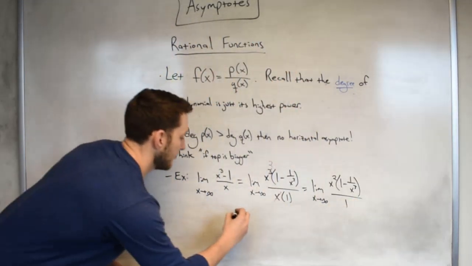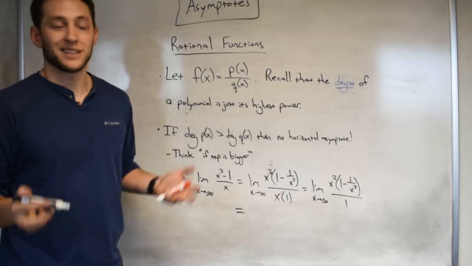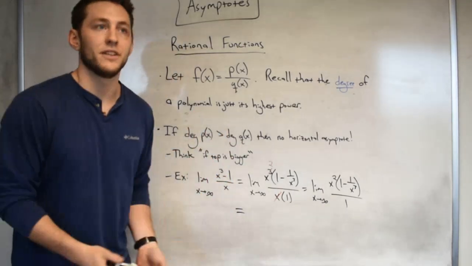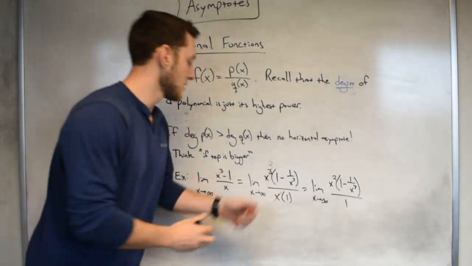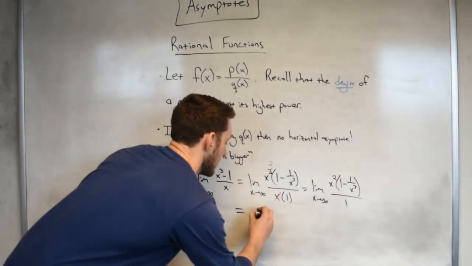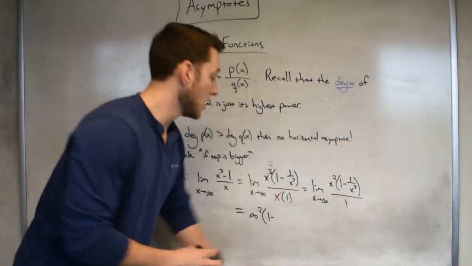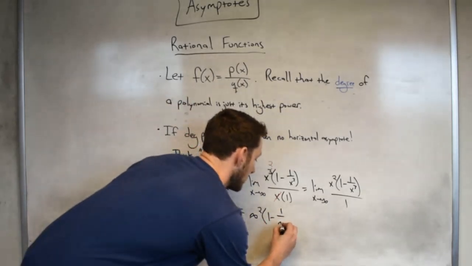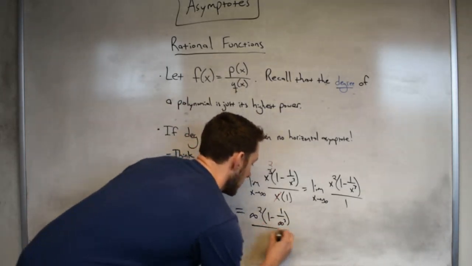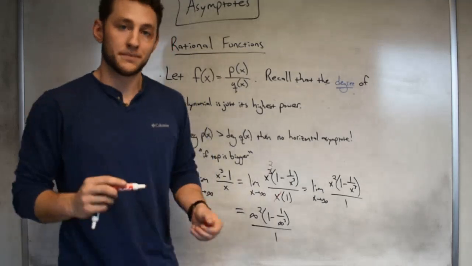Now if I plugged in infinity to this, it's weird to try to talk about plugging in infinity, but if you conceptualize what happens, we would get something along the lines of infinity squared times 1 minus 1 over infinity cubed, all divided by 1.